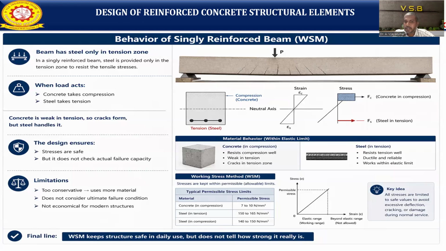Now, if you combine the concrete and the steel as a composite member, all the compressive load will be taken by the concrete, and all the tensile load will be taken by the steel. When using the limiter, there are certain limitations. It is too conservative and uses more material, concrete as well as steel, because we don't know when the member is going to fail.